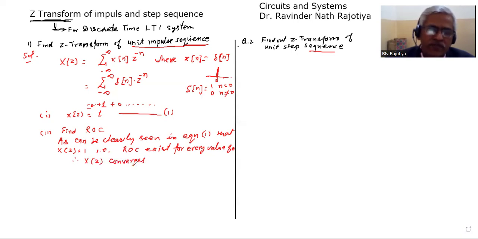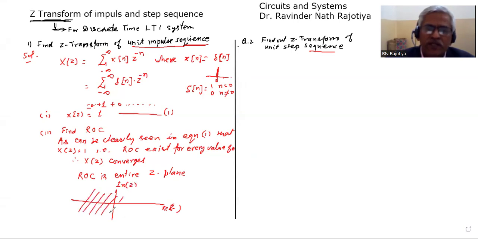And where does it converge? The ROC is the entire z plane. If I have the real part of z and the imaginary part of z, then the entire z plane is the ROC.